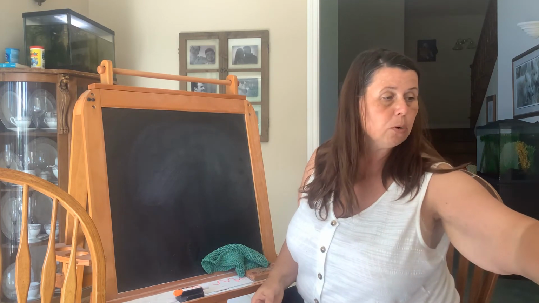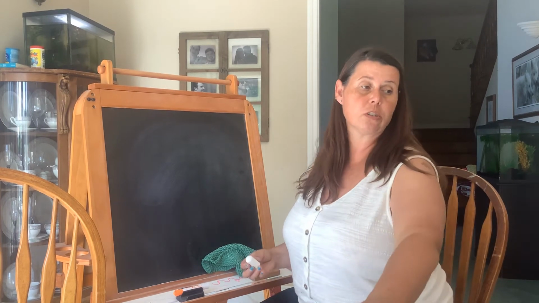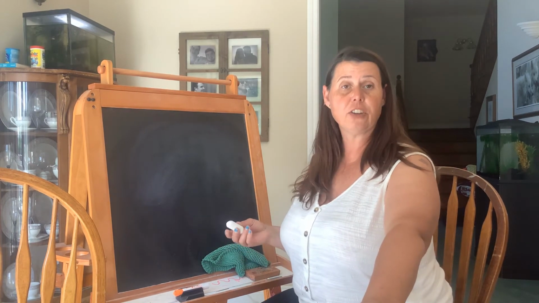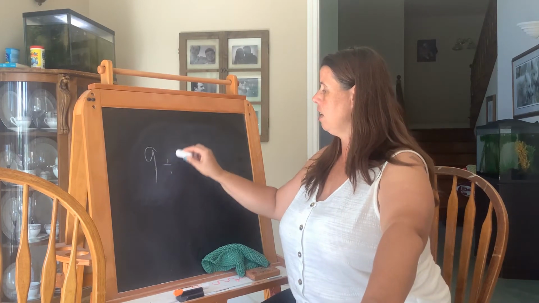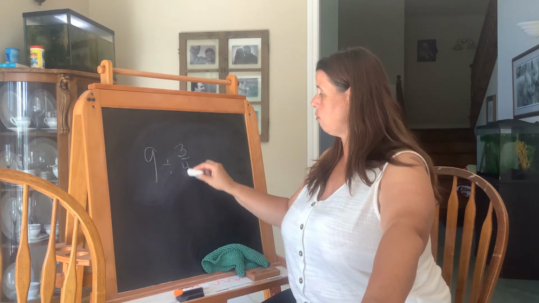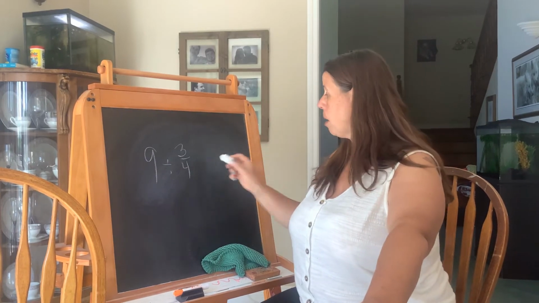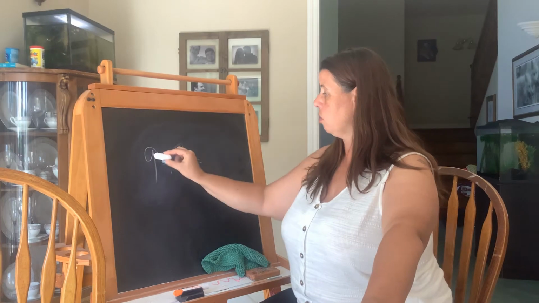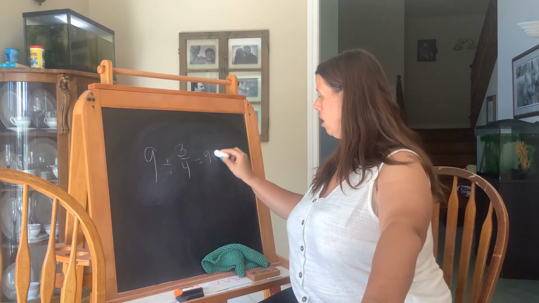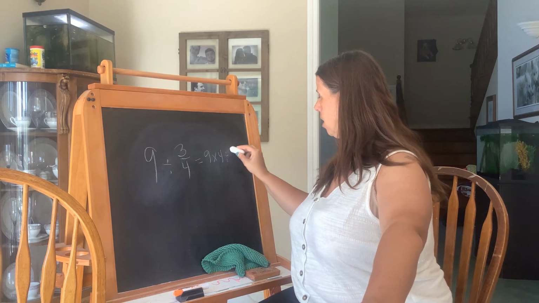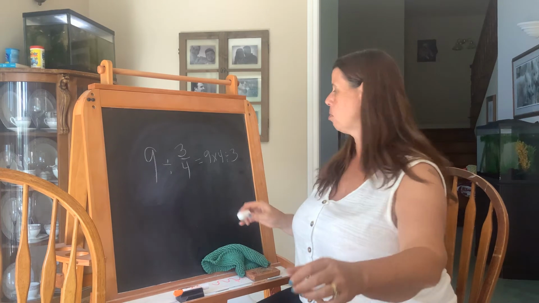3, how many people will 9 pizzas feed if each person eats 3/4 of a pizza? Okay, this is a dividing question. So we have 9 pizzas divided by 3/4 because every person eats 3/4, right? Now, if you remember how to divide a fraction, you go 9 times 4 to figure out how many quarters there are, and then you divide it by 3 because you have to give a section of 3 pieces to each person.